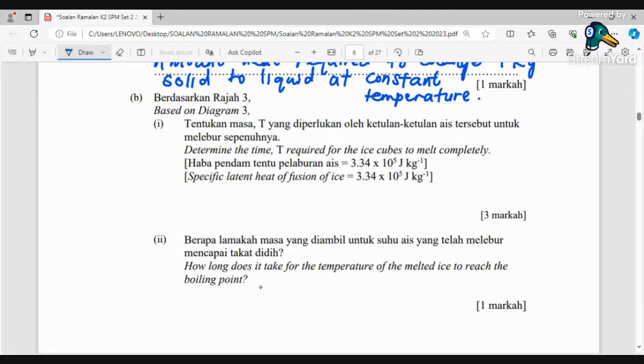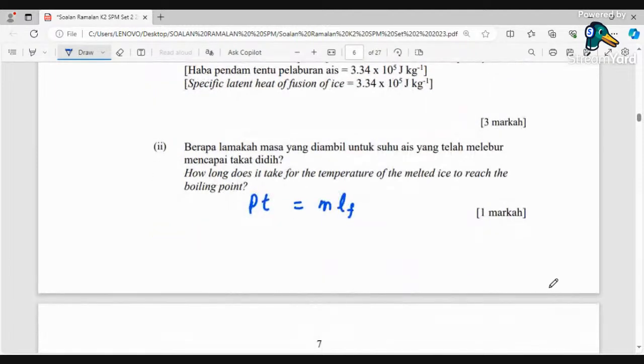So the heat supplied by heater, Pt, equals to latent heat of fusion because all melted. Okay, all melted. 500 watt. Okay, the time taken. Okay, we need to find the time taken. Okay, because not given the time taken. We want to find the time taken.